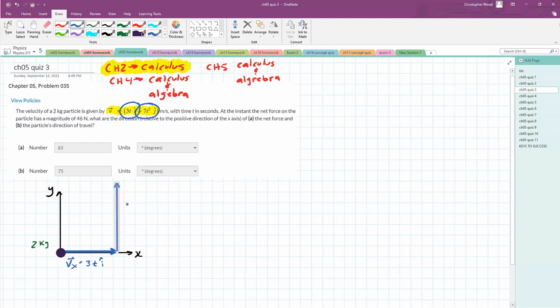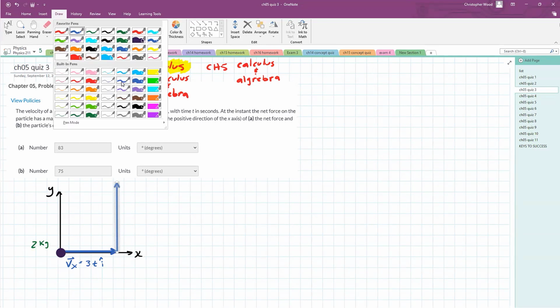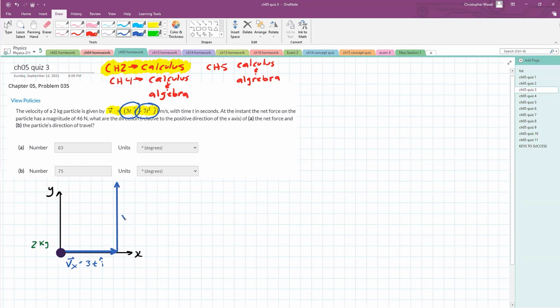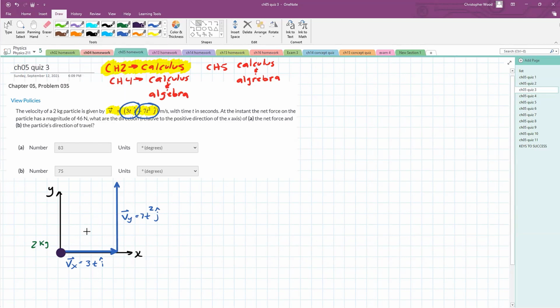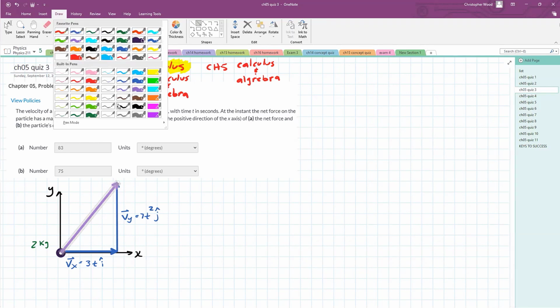So Vy equals 7t squared j hat. And again, this is given to me. So the net velocity, in case I'm interested, maybe I will need to be, is right here.